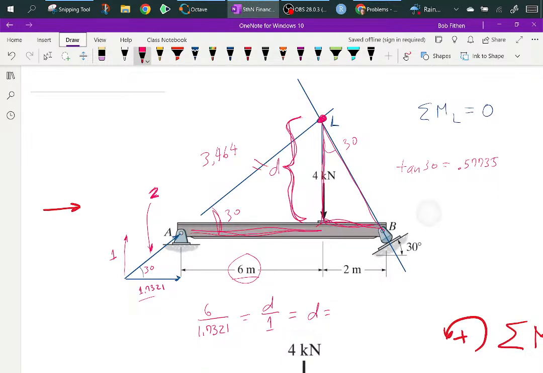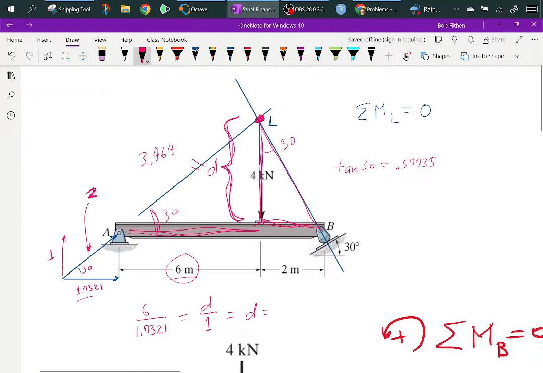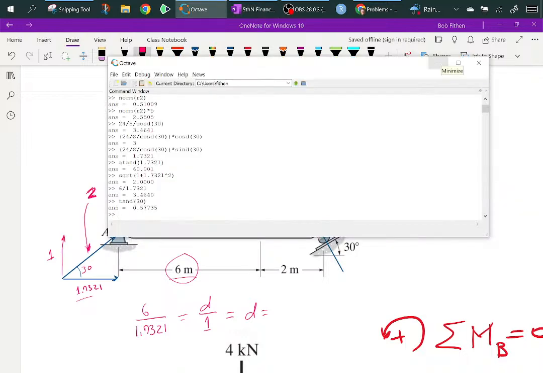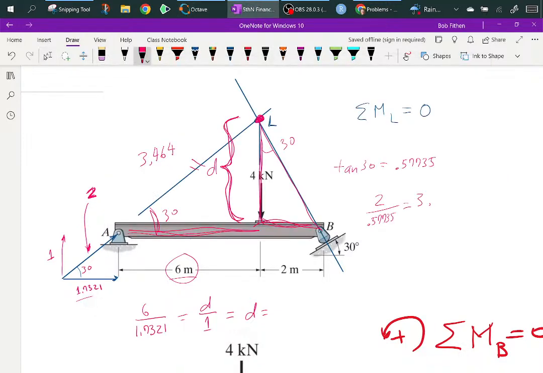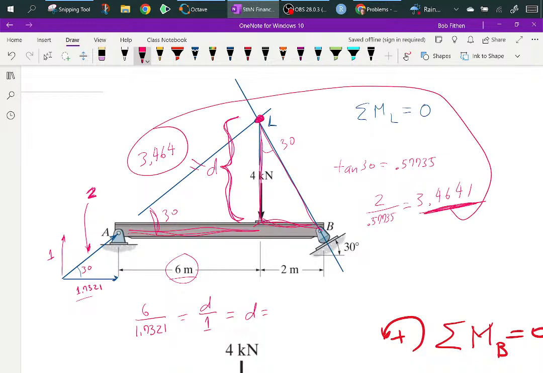Now, if I take 2 and run it up under, what do I get there? I don't know. I should have done 3.4641. So in fact, that's pretty much close to what I got there.